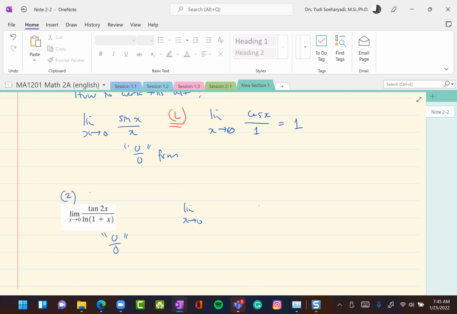What's the derivative of tangent? Derivative of tangent? It's secant squared, right? So that's secant squared of x over ln, whose derivative is 1 over 1 plus x.